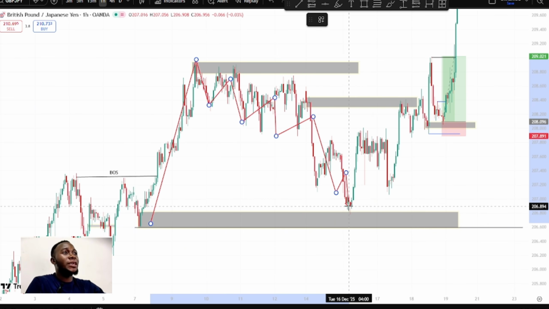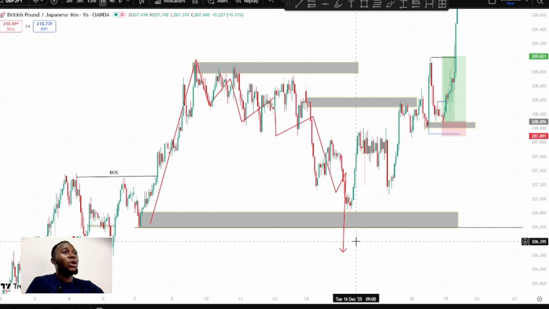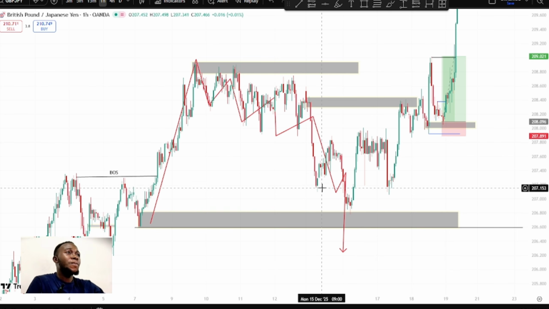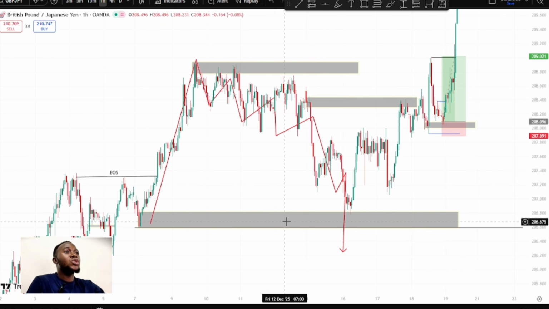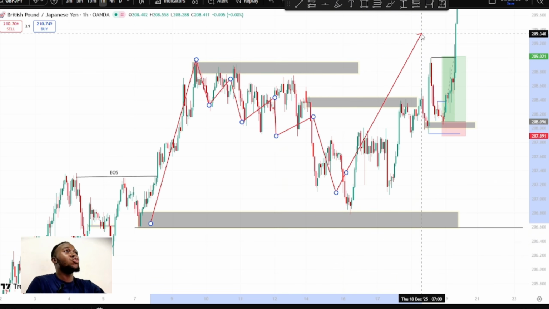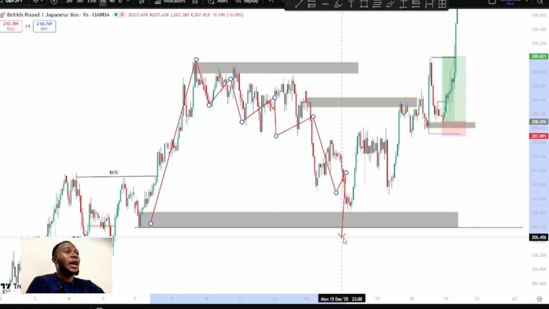If perchance the market gets to this point and then breaks this zone, I know that I'm no longer in a bullish trend, because this thing that just happened right here is what we call the market structure change of character, and it has invalidated this entire trade idea. That means I can no longer keep looking for buys again. That means we're no longer in a bullish trend, because the strong structure that is supposed to hold for this market to cause this push to the upside has been broken.